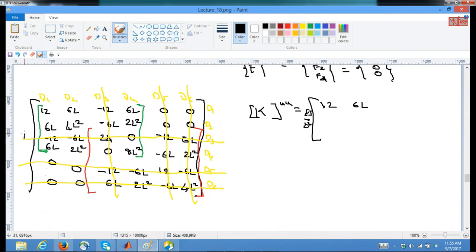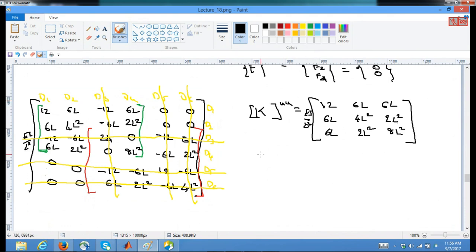I think I forgot it here also. With this EI by L cube is there. 6L, 6L, 6L, 4L square, 2L square, and this is 6L, 2L square, 8L square.